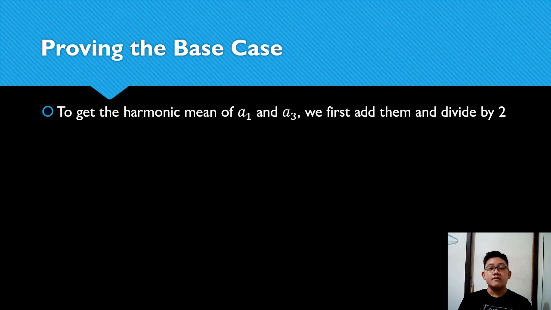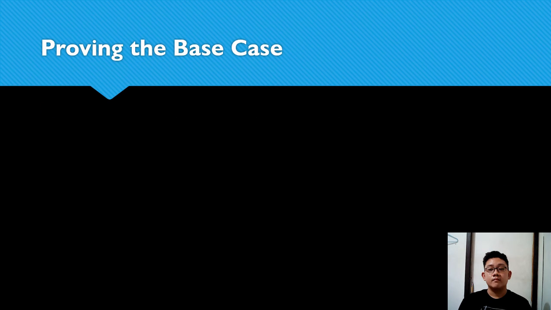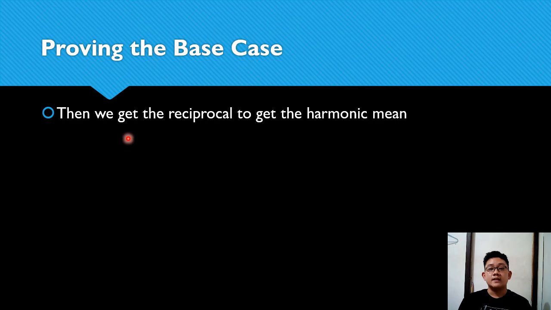Get the harmonic mean of a sub 1 and a sub 3. We first add them and divide by 2. Notice how we put 1 over m sub 1 here, as again similar to an arithmetic sequence, but everything is in reciprocal. Add those two fractions together, simplify that complex fraction, then we get the reciprocal to get the harmonic mean.